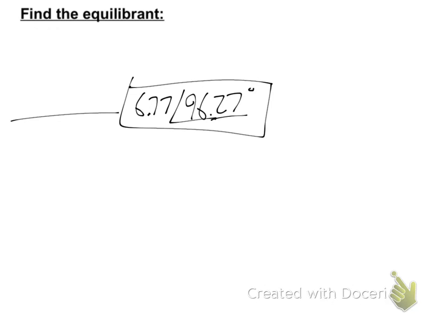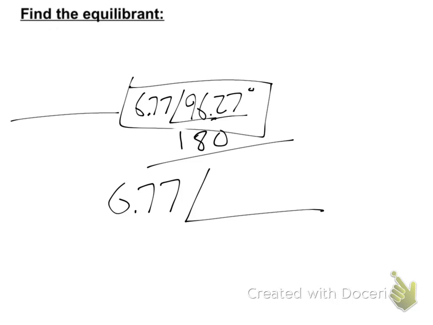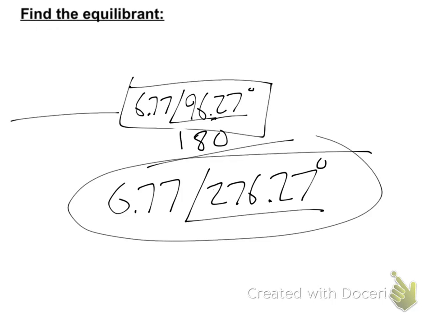Why? It's a positive angle. Again, we like to have positive things. So if I take that and add 180, I still would go 6.77 as a magnitude, but my angle that would be equilibrium, equal size but opposite direction, is what? Boom. So it's really a 10-second add-on to find the equilibrium more than the resultant.